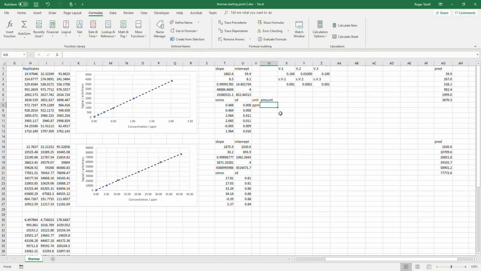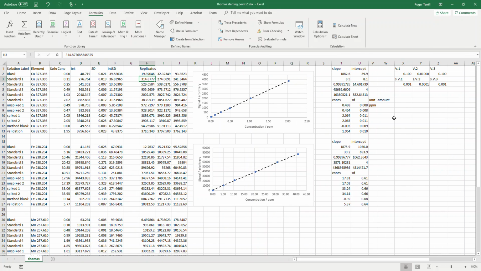And so the amount of, let's say, this first one, let's get what element that was. First one was copper, right? This is going to equal the parts per million of copper times the dilution factor, right?